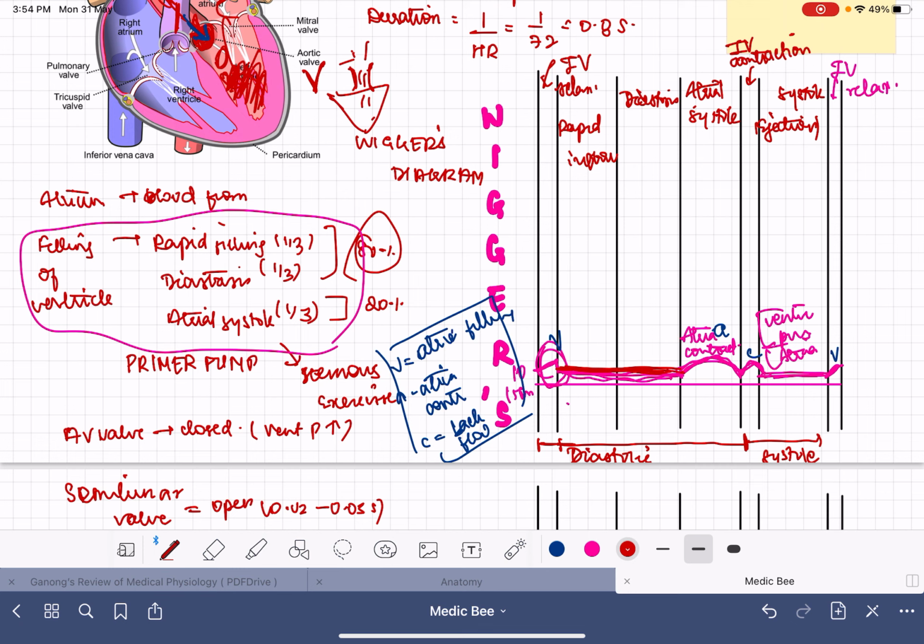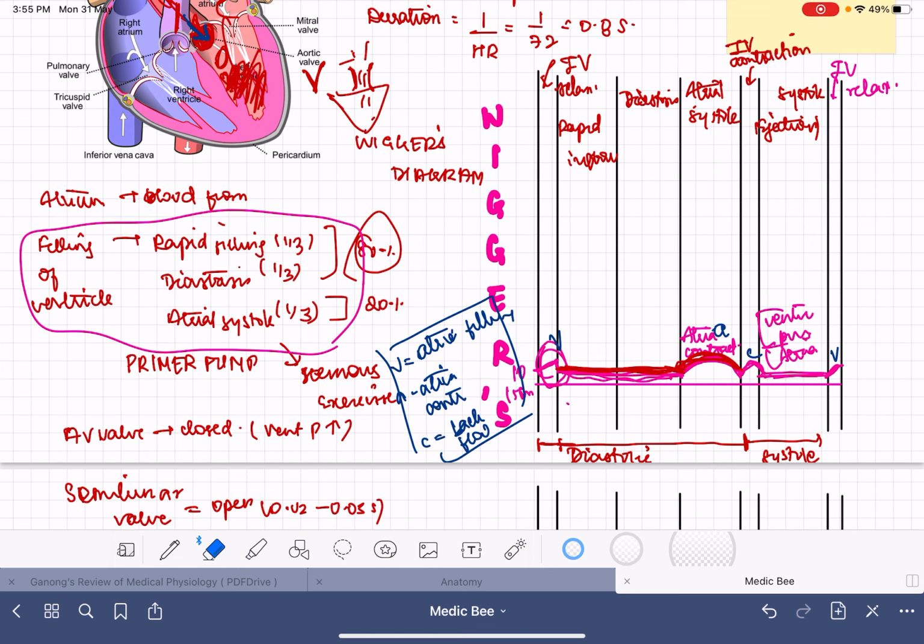At this time, the ventricular pressure again rises, and after that, at this point of time, the AV valves are closed and the semilunar valves open. The blood from the atria stops coming, and the blood in the ventricle is pushed towards the aorta and the pulmonary trunk.